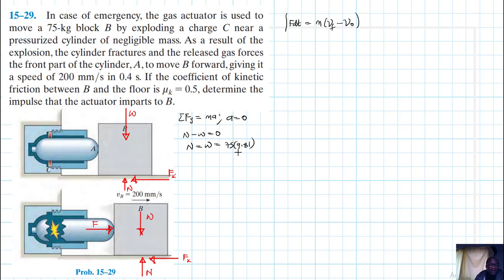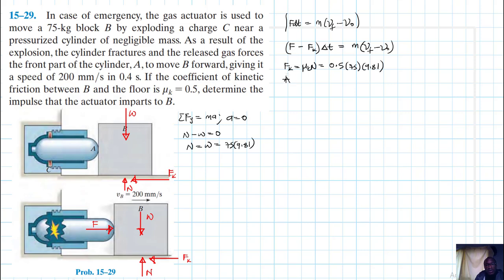So all these we can write as F minus Fk times delta t equals m times v final minus v initial. Our Fk is equal to mu k times N, which is 0.5 times N, where N we found as 75 times 9.81.